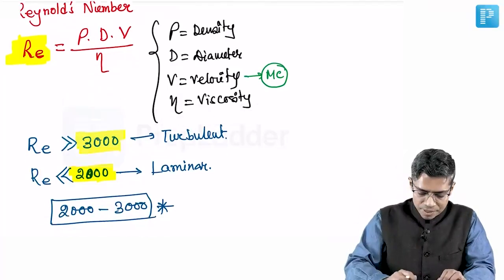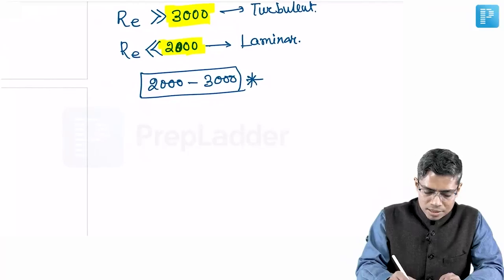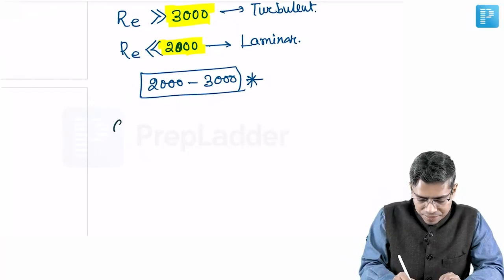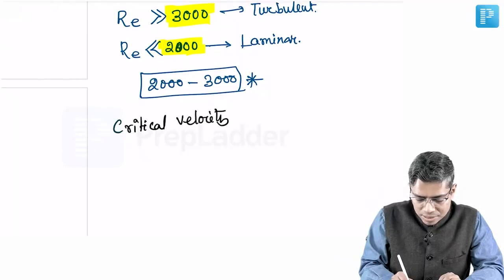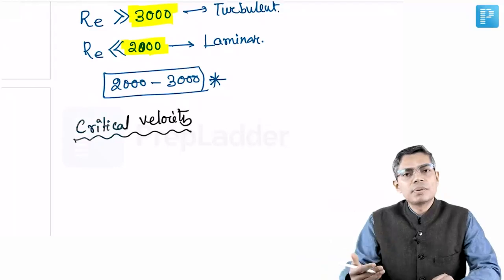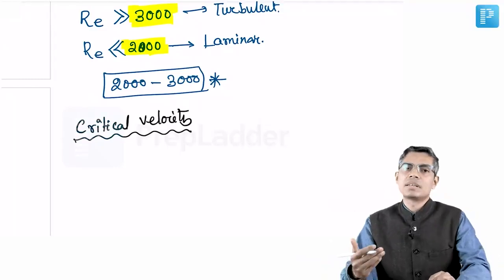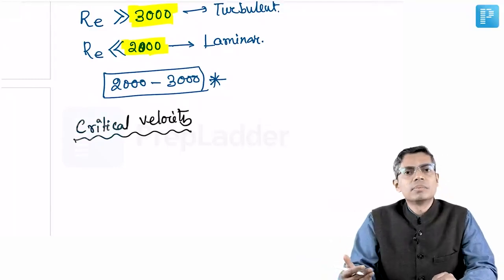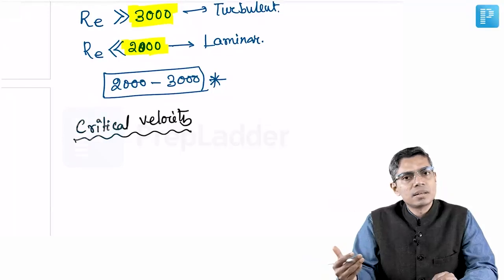You have to remember one velocity, known as the critical velocity. Critical velocity means the velocity above which the blood flow will always be turbulent in nature, irrespective of the diameter and the other parameters.